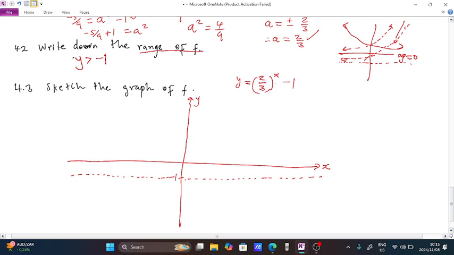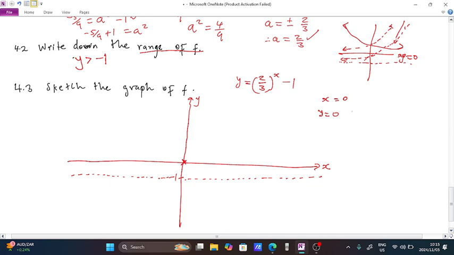What if we put x equals 0? What do you get? y will be 0, because this is 1 minus 1, which is 0. So the graph must pass through (0, 0) here. Is that clear? The graph must pass through (0, 0).